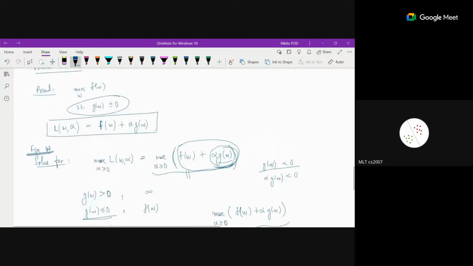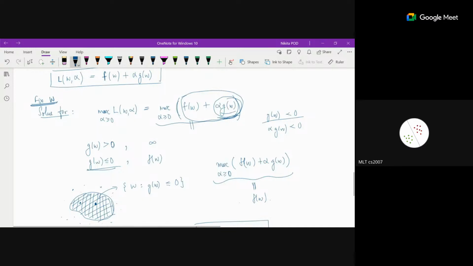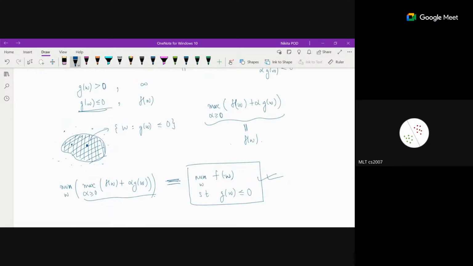And this was my original problem that we started with. We started with min of f of w such that this happens. And what we found out is that this problem can also be written in min max form, where we write the original problem as min over w, max of f of w plus alpha g of w over alpha greater than or equal to 0. Okay.